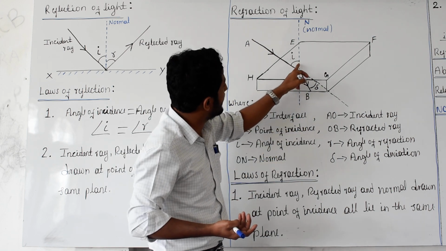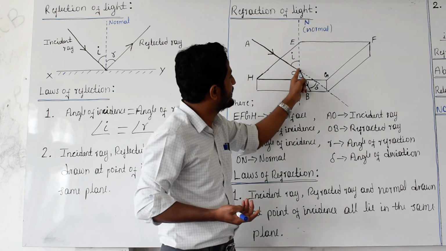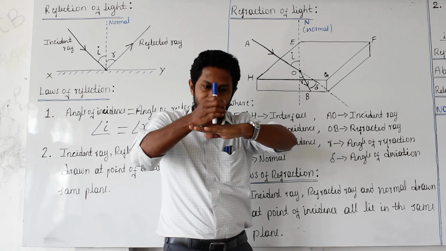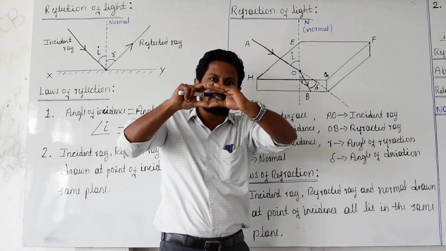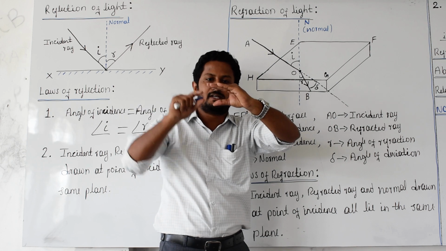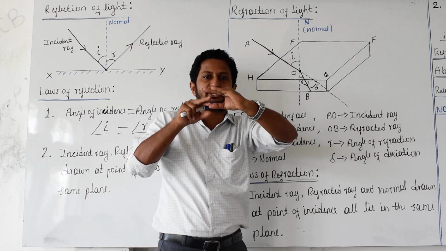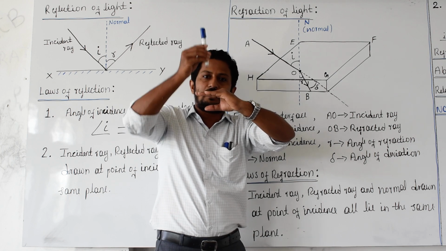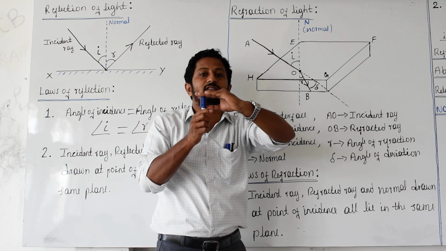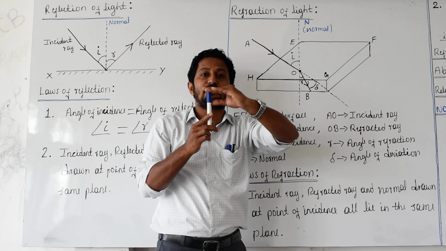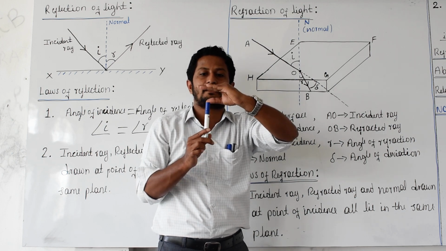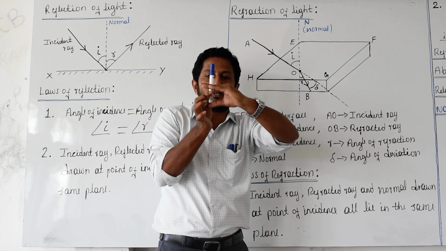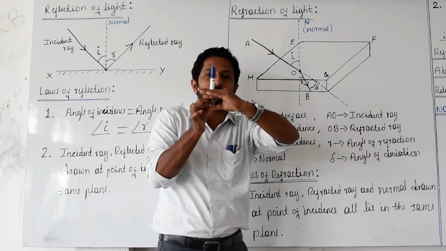This is above the glass slab, the perpendicular line, which we call the normal. The slab has a certain thickness. This is the O point. This is the normal. It is above and also inside. Try to get what I mean to say. This is the top surface, this is your O point, and this is your normal.